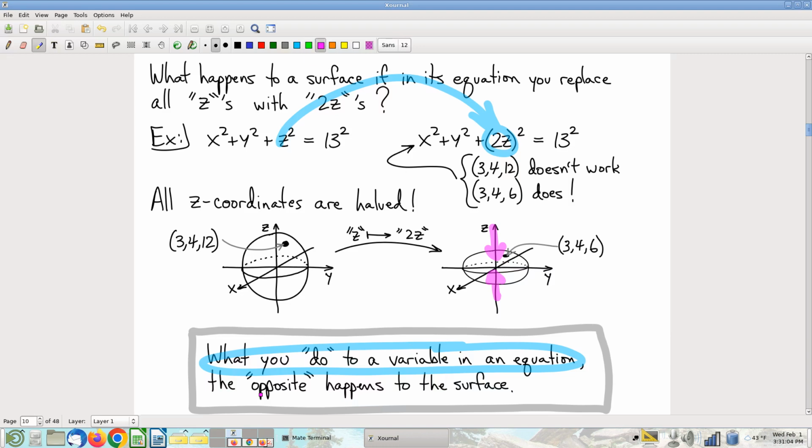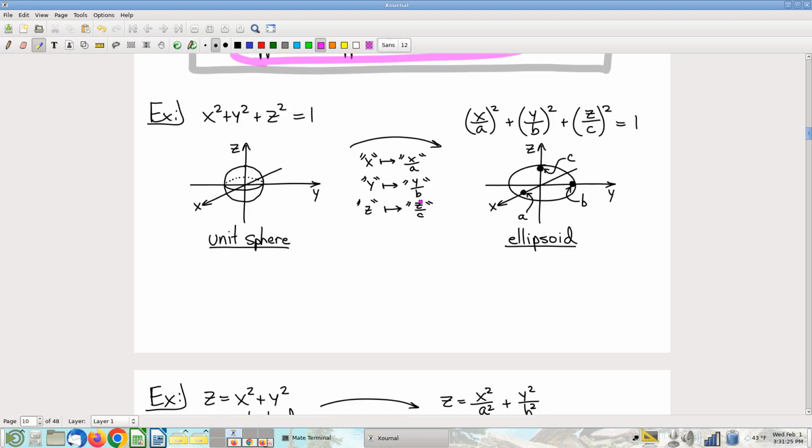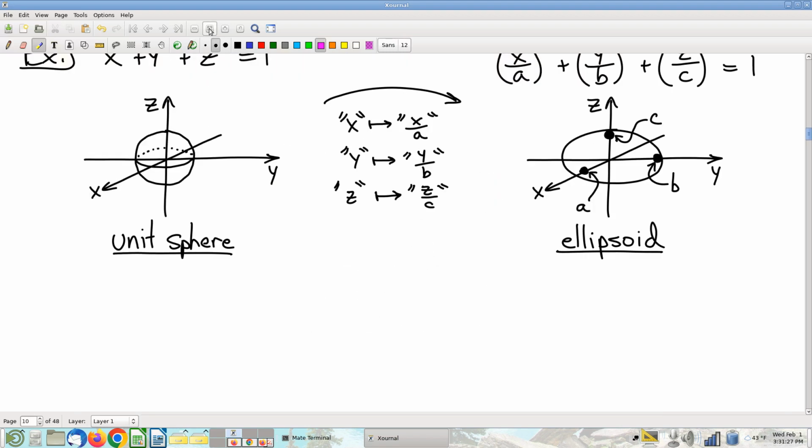In some sense, kind of the opposite is what happens to the surface, right? And that's because, loosely speaking, and let's not get super rigorous about this, because of that extra factor of 2, you need these z coordinates to be half as big for the arithmetic to still work kind of like it did before. Okay, so that's the big moral, and a couple of examples of how to apply this.